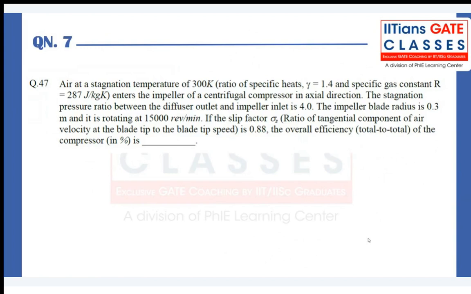The impeller blade radius is 0.3 meter and it is rotating at 15,000 revolutions per minute. If the slip factor, that is the ratio of the tangential component of air velocity at the blade tip to the blade tip velocity, is 0.88, the overall efficiency of the compressor is.